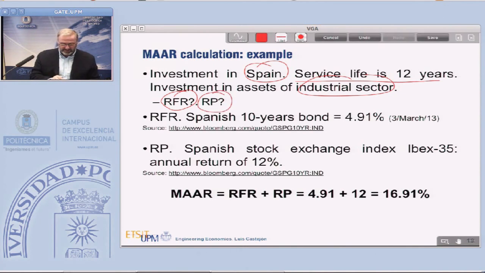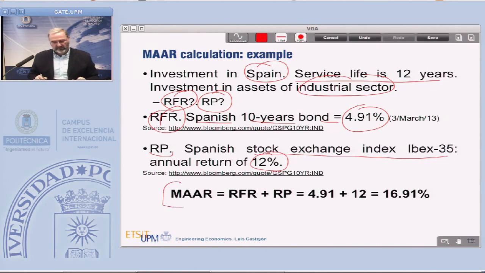Then the risk-free rate is the Spanish 10 years bond. This is, as we know, 4.91. And then the risk premium of the Spanish stock exchange is around 12% annual return. And then the minimum attractive rate of return we are going to use in our projects.